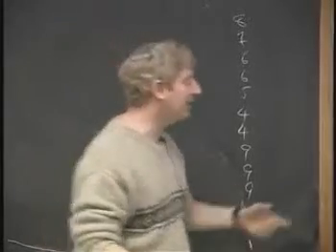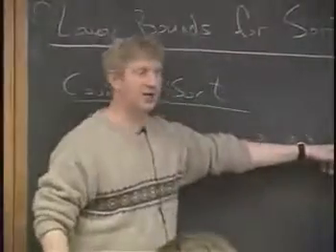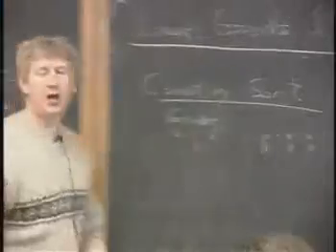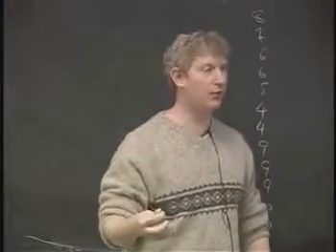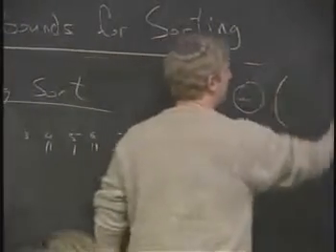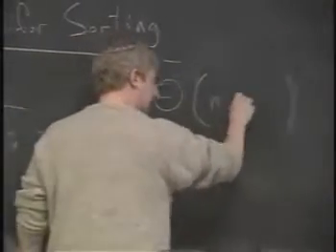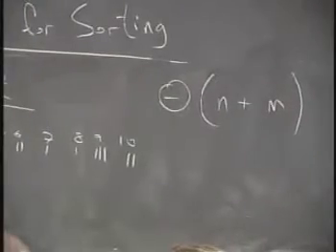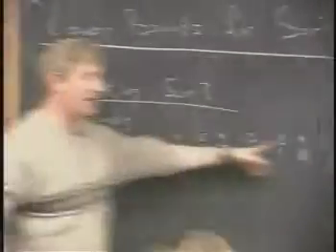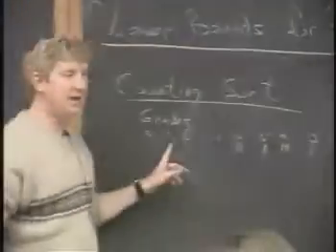How fast would it take if I didn't have a restriction on the size of my input? And I called the highest number that actually shows up m. So I have a variable for it instead of 10. Then the complexity ends up being big theta of n plus m. The plus m comes from the beginning when you initialize it, and from the end.